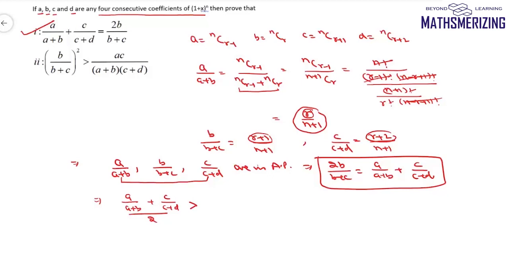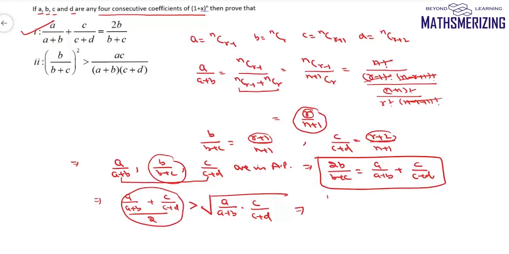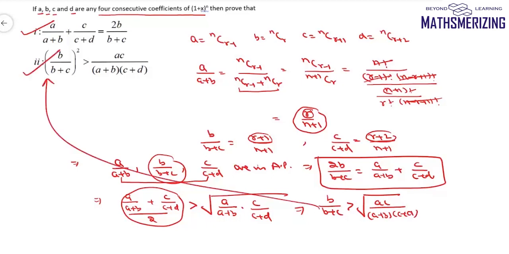So it should be strictly greater than their geometric mean, which is the square root of a/(a+b) into c/(c+d). Now the arithmetic mean of these numbers is b/(b+c). From here I can say b/(b+c) should be greater than the square root of ac upon (a+b)(c+d). So if I square it, I'll get my second result.